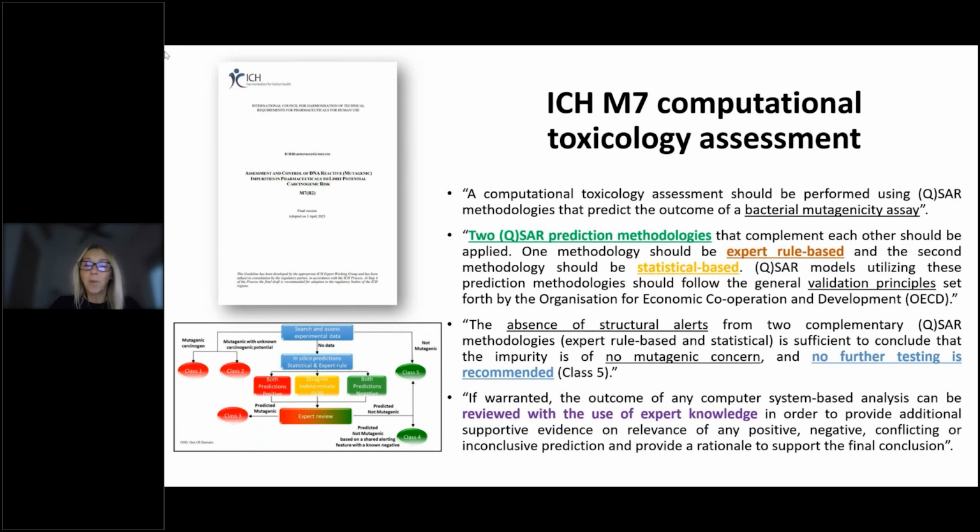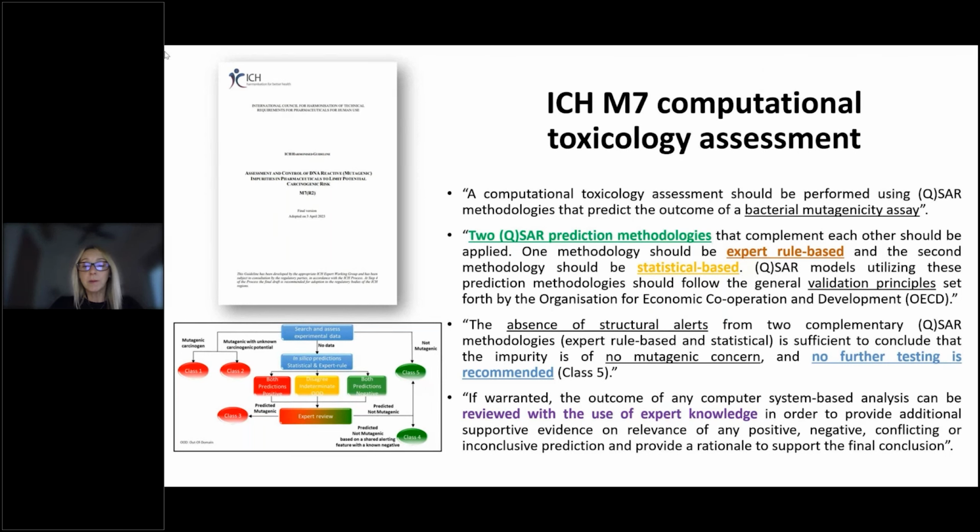So the endpoint that is used for this class assignment is bacterial mutagenicity. The guideline then also states that two QSAR methodologies that complement each other should be applied. One methodology should be an expert-based rule system, and the other one should be a statistical-based approach.